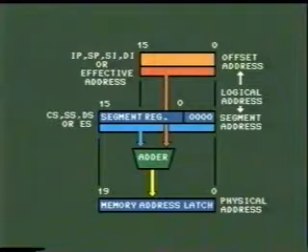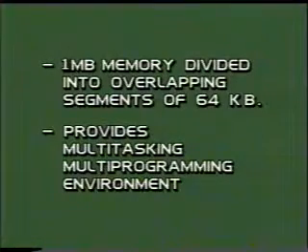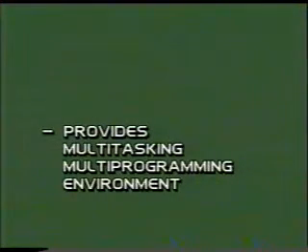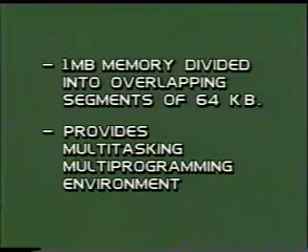This process of address generation has the effect of dividing the 1 megabyte of memory space into a number of overlapping segments, each segment being 64 kilobytes long and beginning at an address that is divisible by 16.